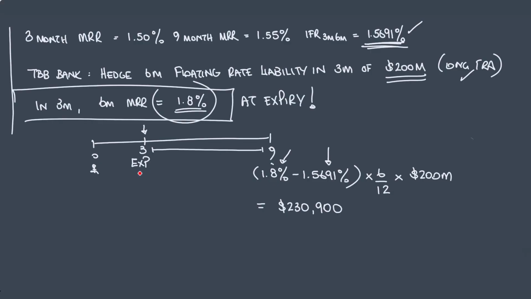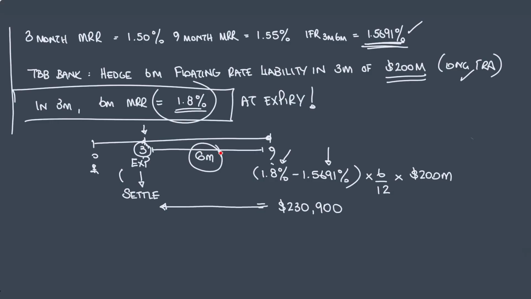However, the key for the FRA that often trips people up is that we settle here at expiry. Expiry is the start of the notional borrowing period. That's where we settle. So we need to take this 230,900 and discount it back to that point. How long is that? Well, from the end of the notional to the beginning is the length of the notional borrowing period. It's 6 months. Did I give you a discount rate to use? No, I gave you nothing separate, nothing specific.